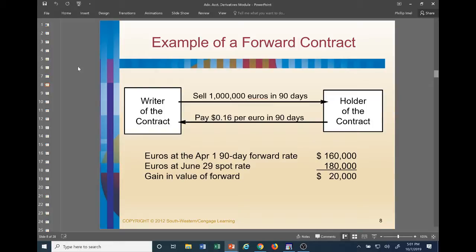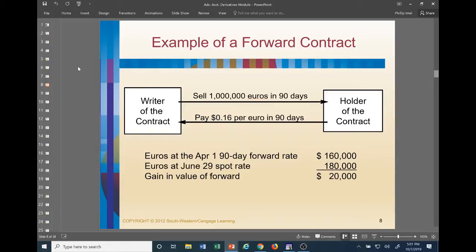The person writing the contract is called the writer, and he agrees to sell, which is the short position, to another party. The person who agrees to buy it is the holder.